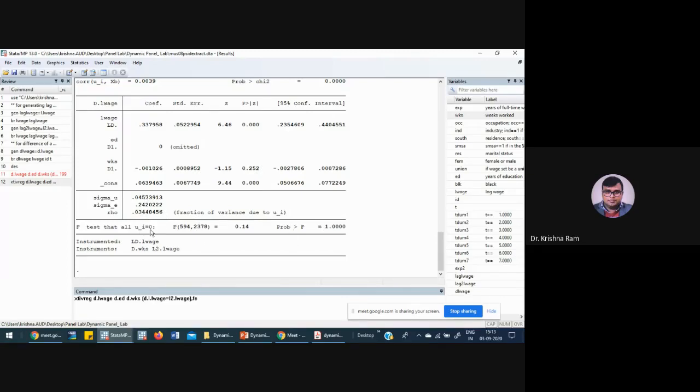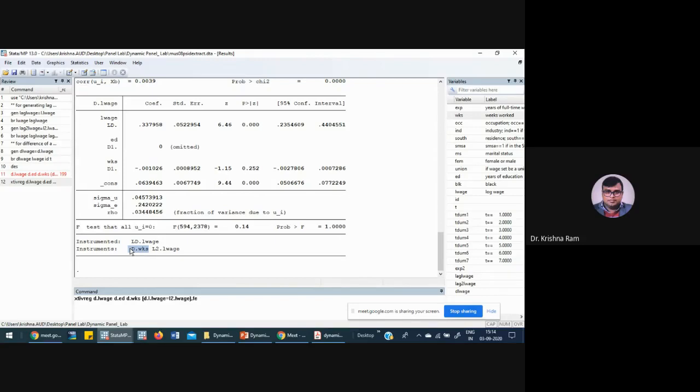And the instruments are here, which are the difference of the WKS variable and the second lag value of the log of wage variable. We know that we incorporated this as an instrument for changes in the first lag of the difference variable.